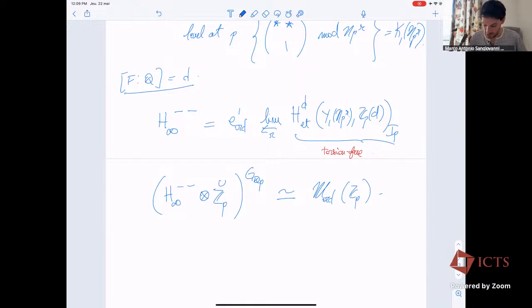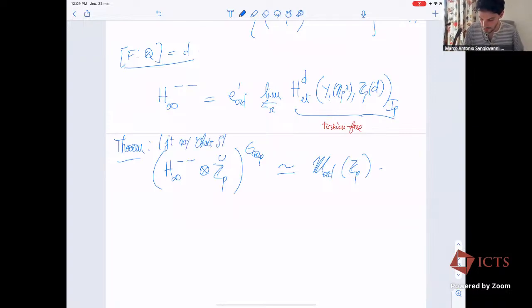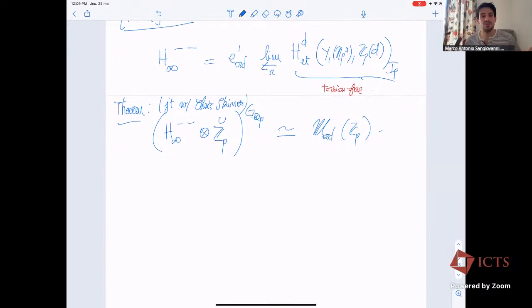So this is the theorem. This is joint with Chris Skinner. Okay. So again, the key tool is the Faltings extension and also a map that goes in the other direction, which was constructed by Zavyalov, sort of by inverting the Faltings extension map.